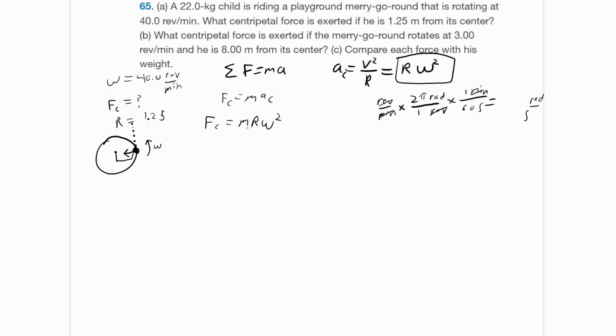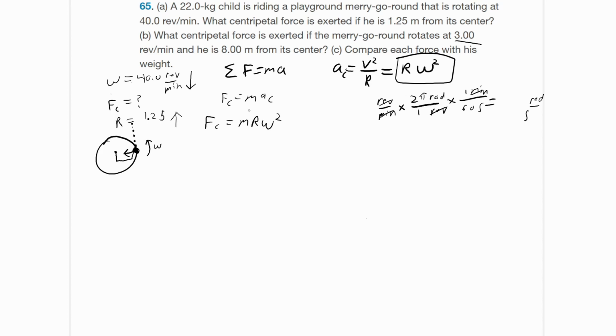For part B, all we're doing is essentially the exact same problem, except we're decreasing the angular velocity. So angular velocity is going to go down to 3 revolutions per minute, and we're increasing the radius, so increasing how far away this child is from the center of this merry-go-round.